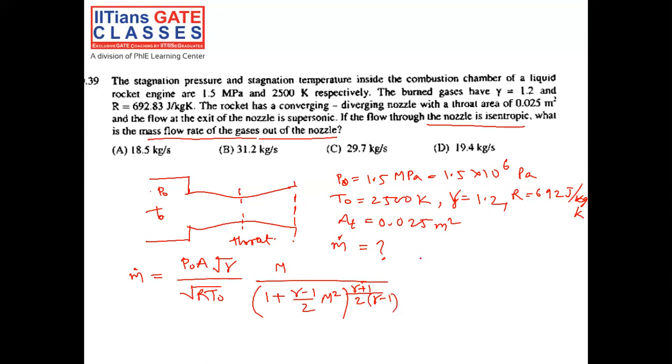So this expression gives the mass flow rate m dot at a particular section of this nozzle where the area is A and Mach number is M.